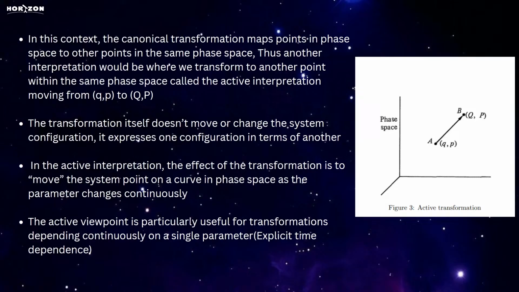However, since the variables are not the same, the function may have a different value. It is important to note that this is not a true evolution of the system. This map from (q, p) to (Q, P) is not the actual time evolution of the system. It is just, you can say, an artificial evolution which is created by some change in coordinates.